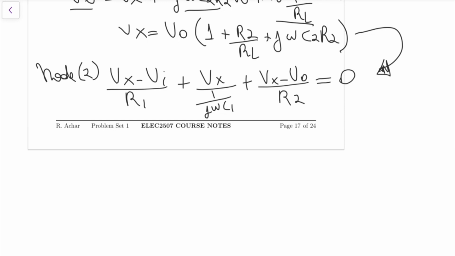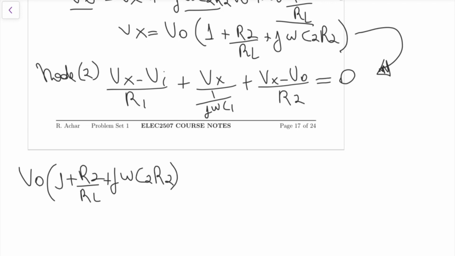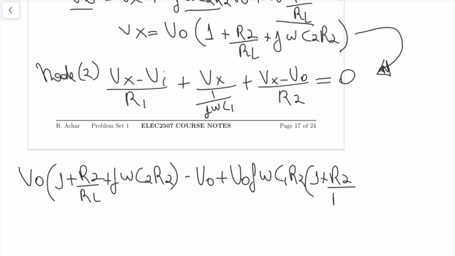If we substitute that equation in node 2, we get something that is V out times (1 plus R2 over RL plus j omega C2 R2), minus V out, plus V out j omega C1 R2 multiplying (1 plus R2 over RL plus j omega C2 R2).